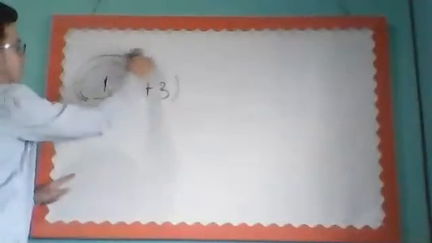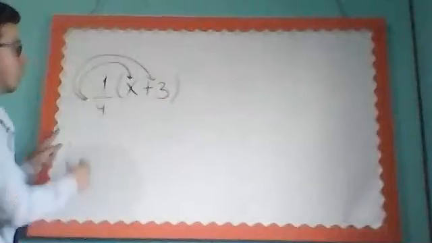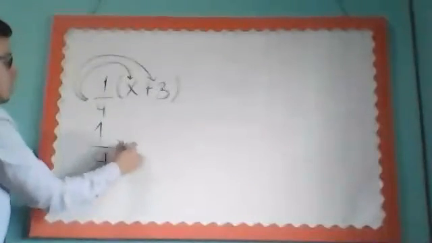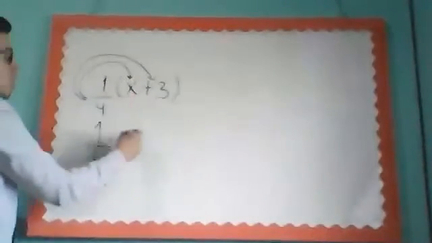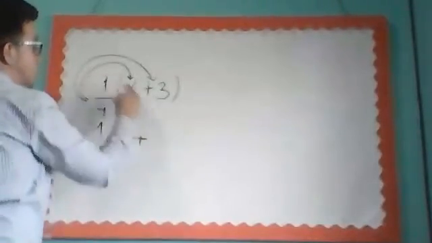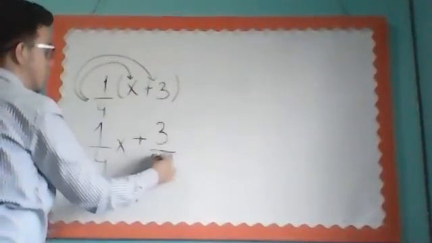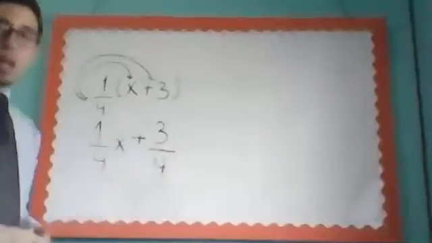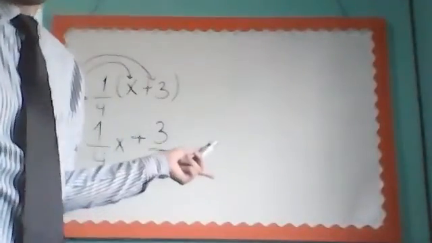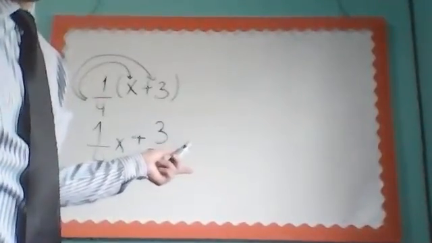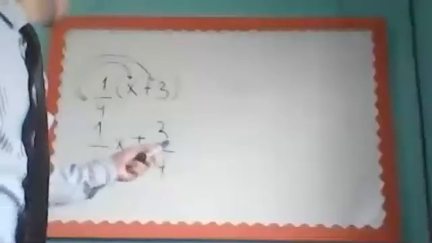Multiply the fraction by the first term and the fraction by the other. 1/4 x and multiply 1/4 by 3. So you have 3 times 1 is 3 and 4 times 1 is 4. And the same with the other side of the equation. You only multiply to obtain the equivalent expression.